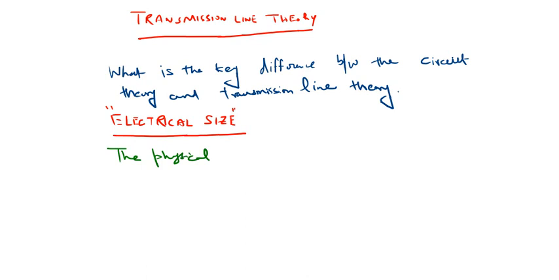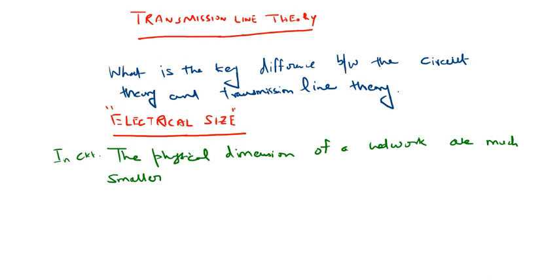So here you can write, in circuit theory, the physical dimension of a network is much smaller than the electrical wavelength.